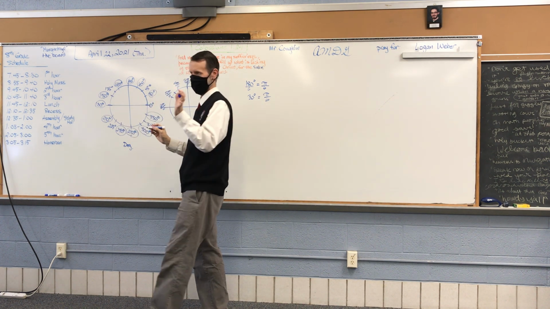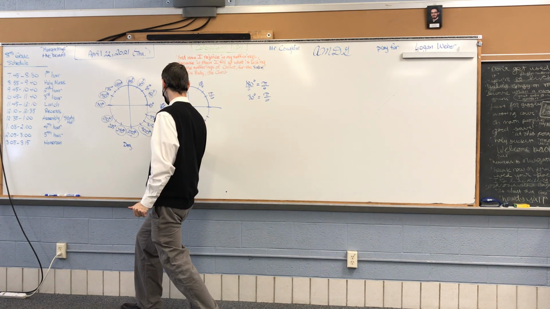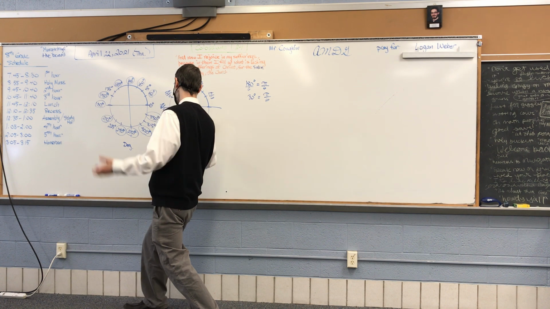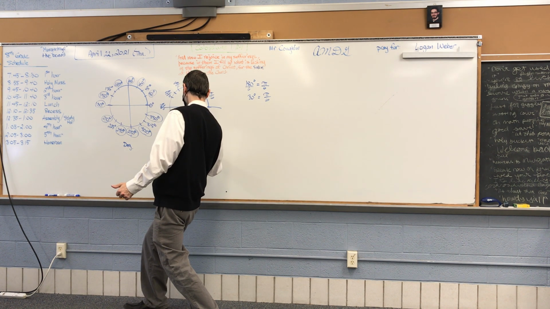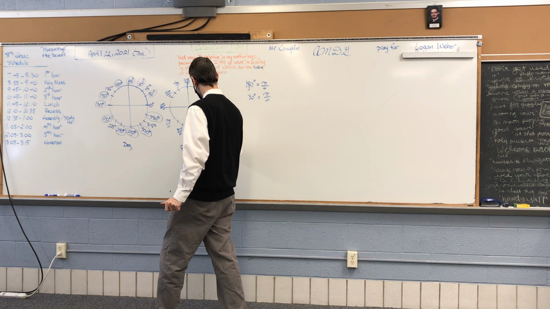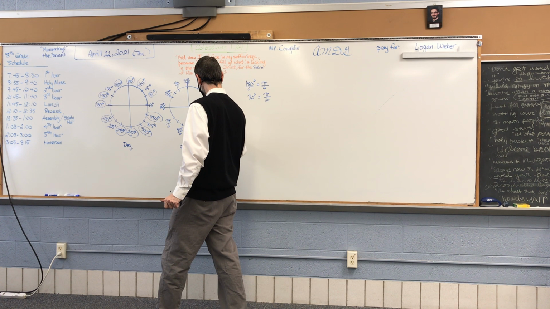Some of these will reduce. Correct. I'm skipping that. It's not very hard. 9 pi over 6. I'm going to ask you which ones reduce in a minute. Okay, great. 10 pi over 6. 11 pi over 6. And then 12 pi over 6. Yeah, 0 and then 12 pi over 6.